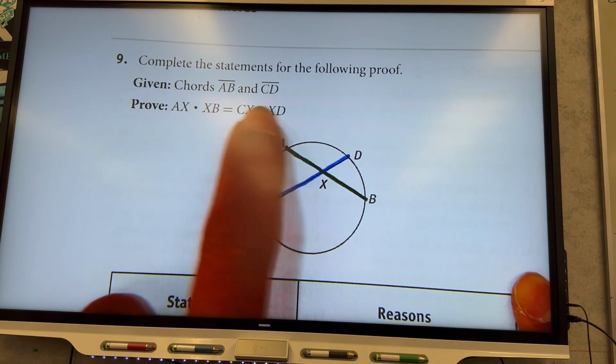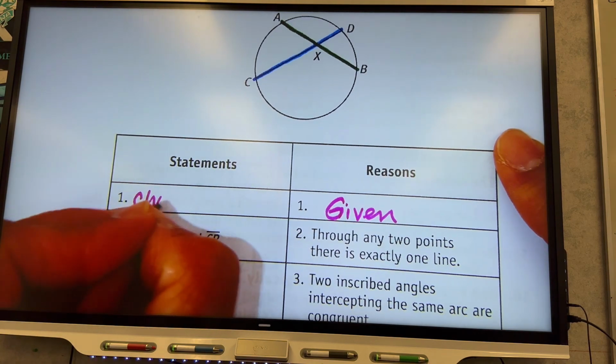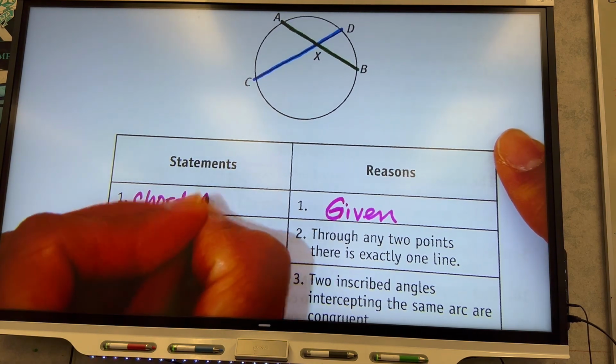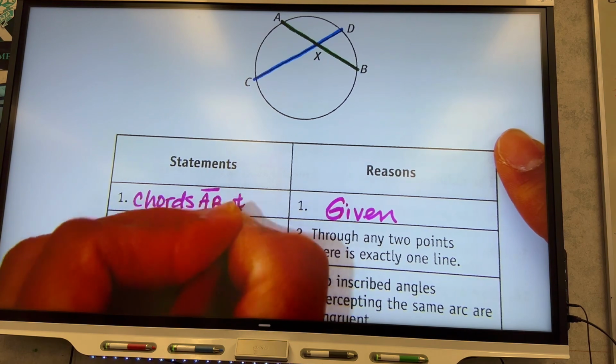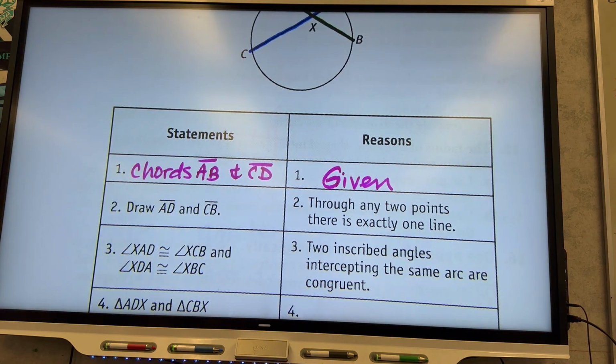So this is exactly what we have to write for statement 1. Chords AB and CD. Remember I told you in January that you won't be required to complete a proof on your own. You do need to understand how to read a proof, how to follow a proof, and understand what it means, what it represents.